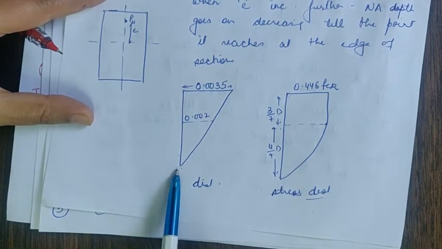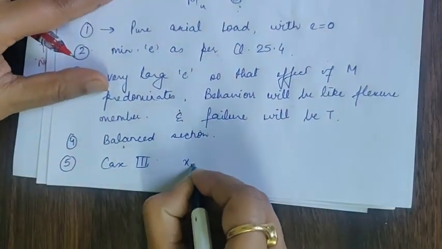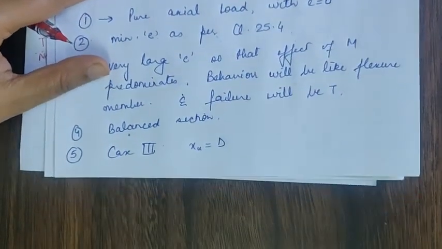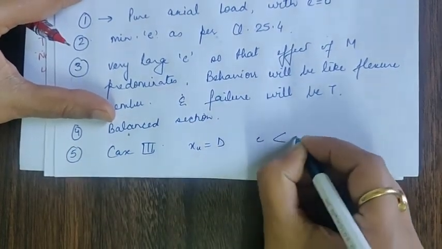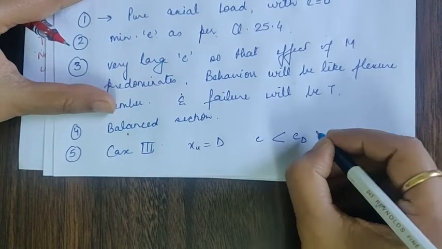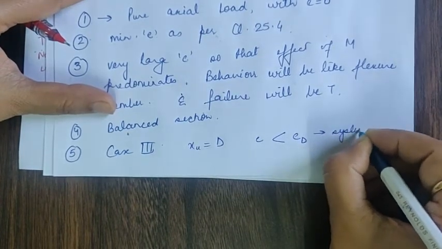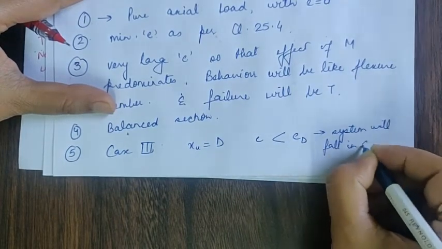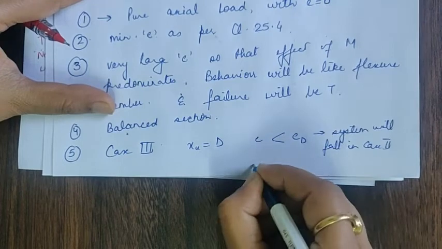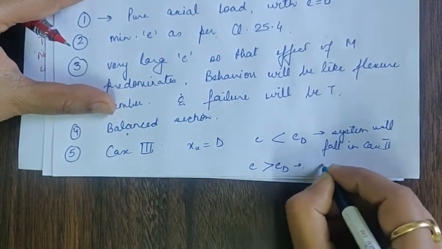Is it okay? So it is equivalent to case 3 when Xu was equal to D, neutral axis was equal to D. When e is less than eD, the system will fall in case 2, and when e is greater than eD, the system will fall in case 4.